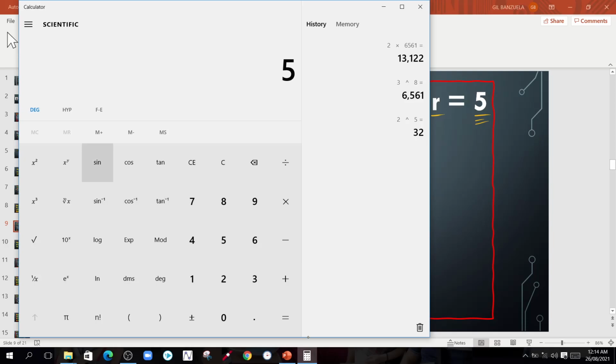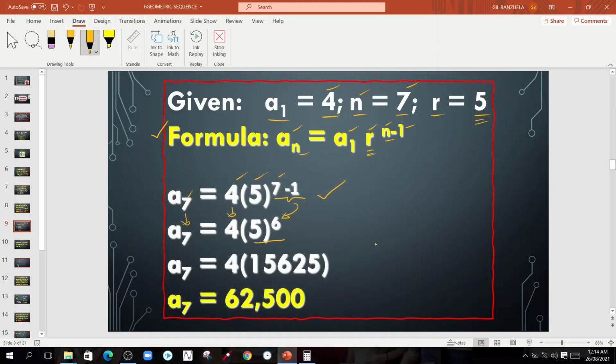So 5, then exponent 6, then equals, so that is 15,625. Just the same here. Okay? Then of course, just multiply it by 4. So we will arrive at 62,500. So therefore, the 7th term of this geometric progression is 62,500.